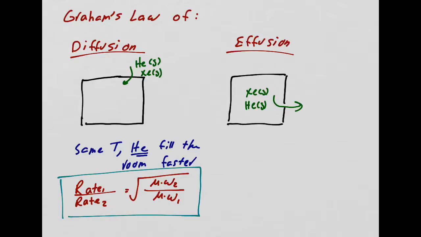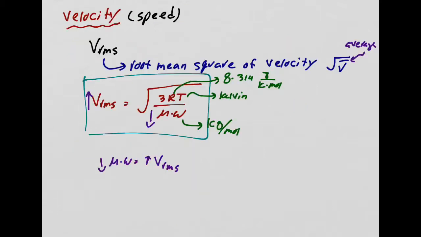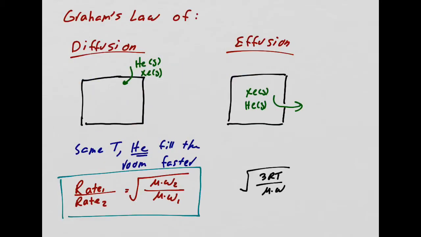Do you remember that when we talked about velocity, we said the velocity of gases is the square root of 3RT over molecular weight, yes? Now, I said we have the same temperature.